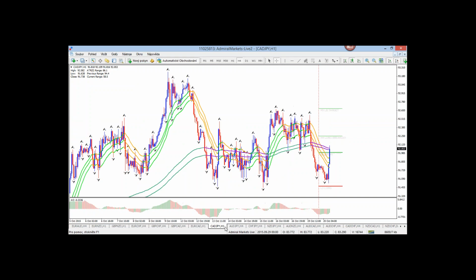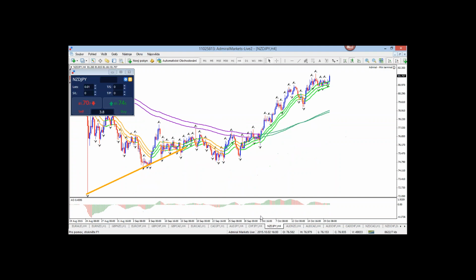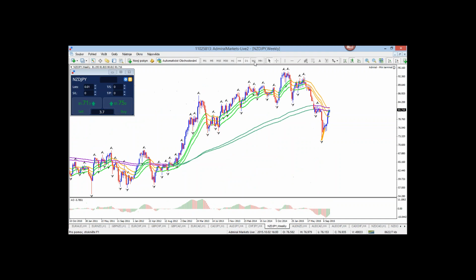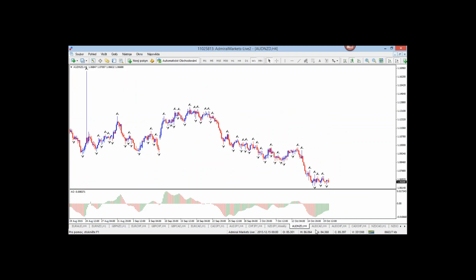I skipped it, or I was looking at it, but just didn't see any setup. There are a lot of pairs, of course. Anything that crosses your mind? We still have some time left.